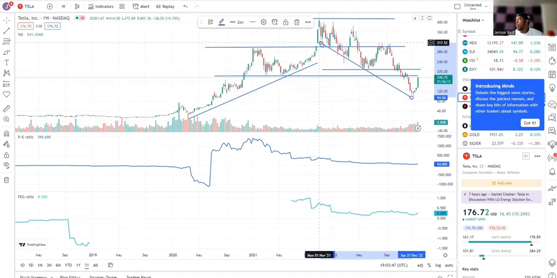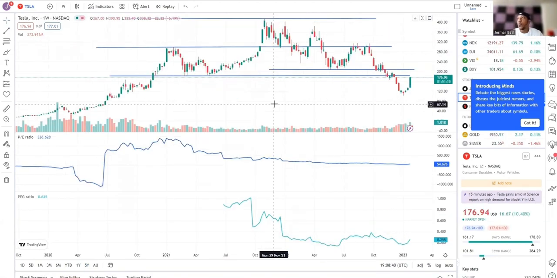So between November 2021 all the way to December 2022, Tesla stock fell more than 50%.